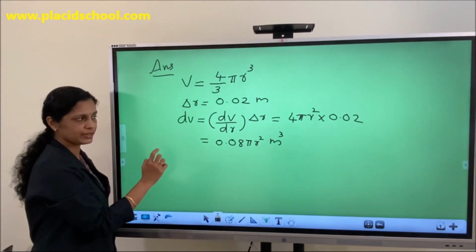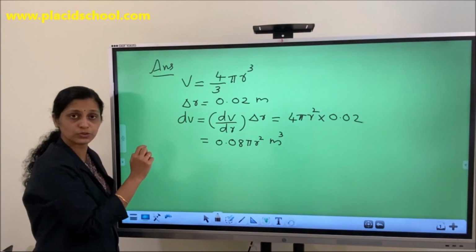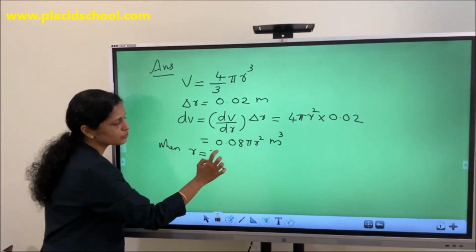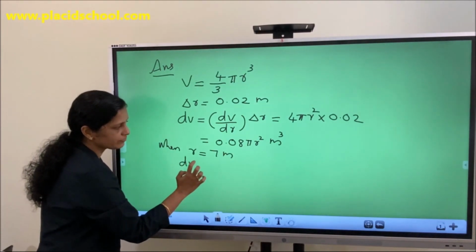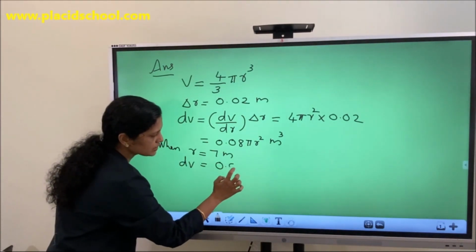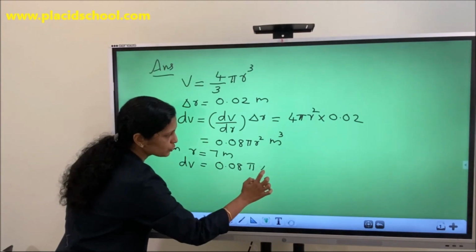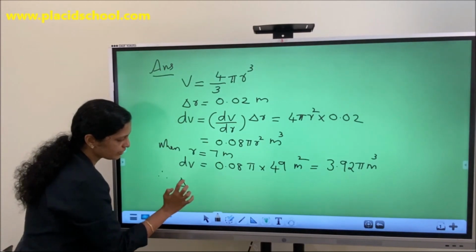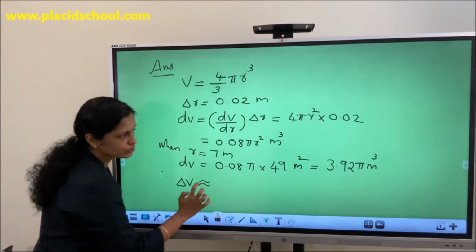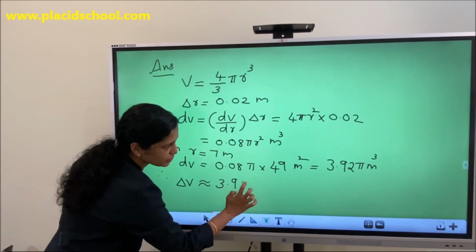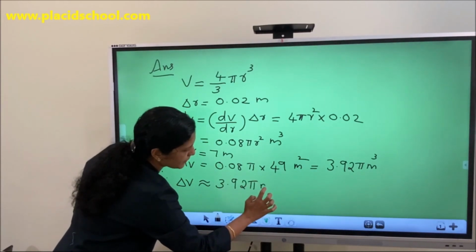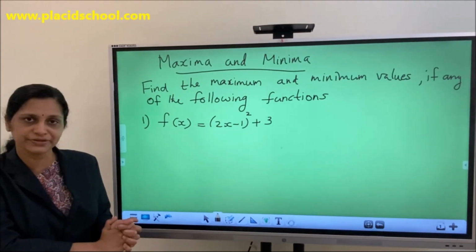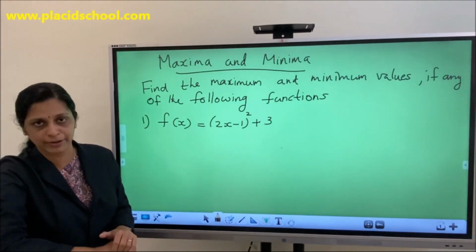Now we have to find out the change when r is equal to 7 meters. Therefore, when radius is equal to 7 meters, dV is equal to 0.08 pi into 7 square, 49? Therefore, delta V is approximately equal to 3.92 pi meter cube.